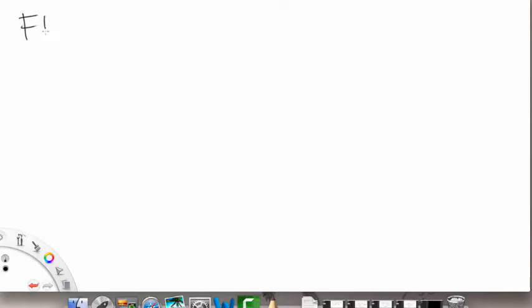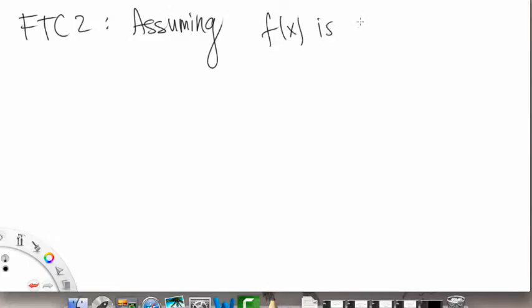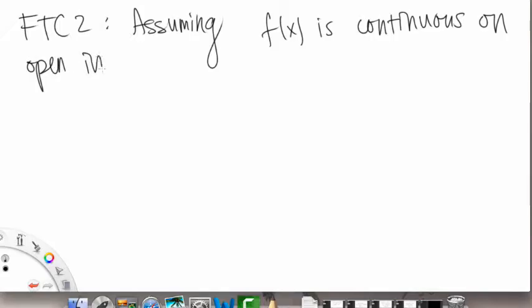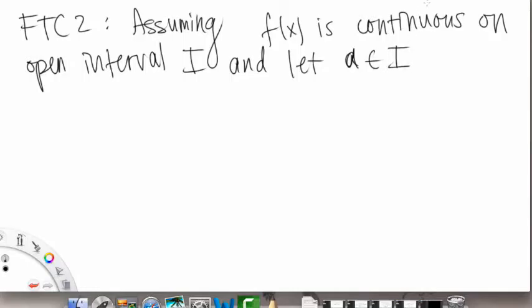So basically what FTC2 says is that, assuming, because we always like to assume things when we're writing a theorem, right? So assuming our f of x is continuous on an open interval I, and we let our constant value a be in I somewhere.